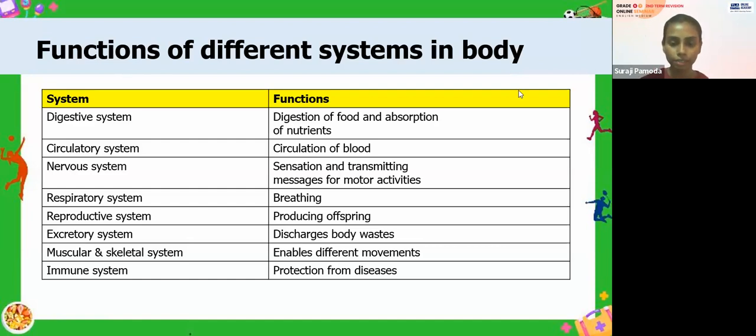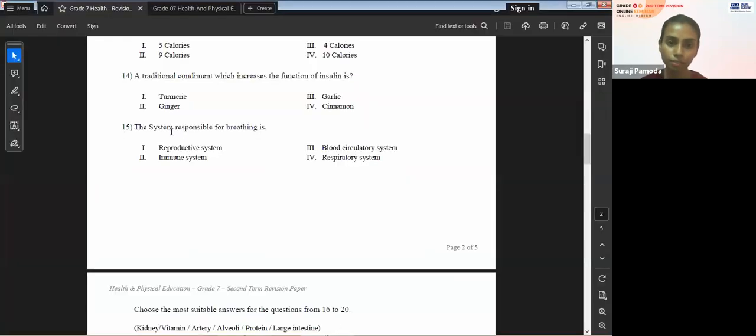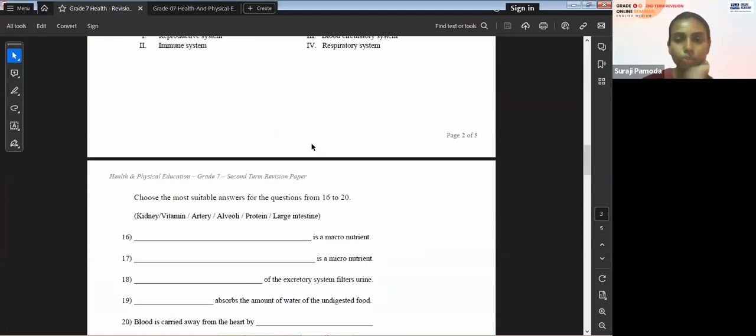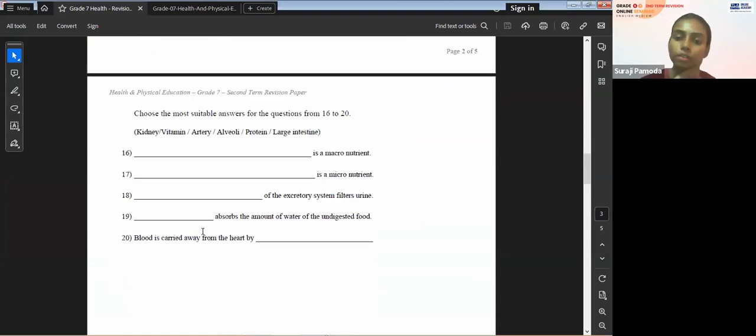And then the next one is the muscular and skeletal system to do our movements, right? And at last we have the immune system. The immune system is to protect from diseases, right? Pratishakthikarana paddhatiya. Okay? Understood? So the answer should be respiratory system, which is responsible for breathing. Okay, right? So the MCQ questions are over.